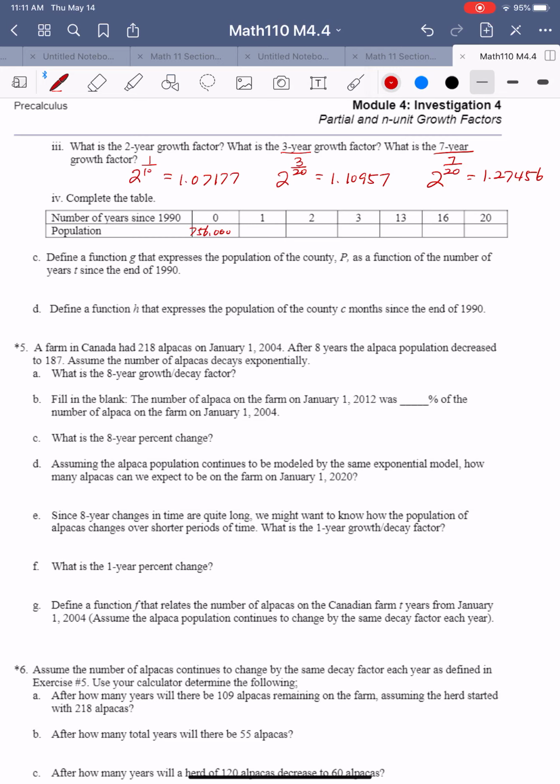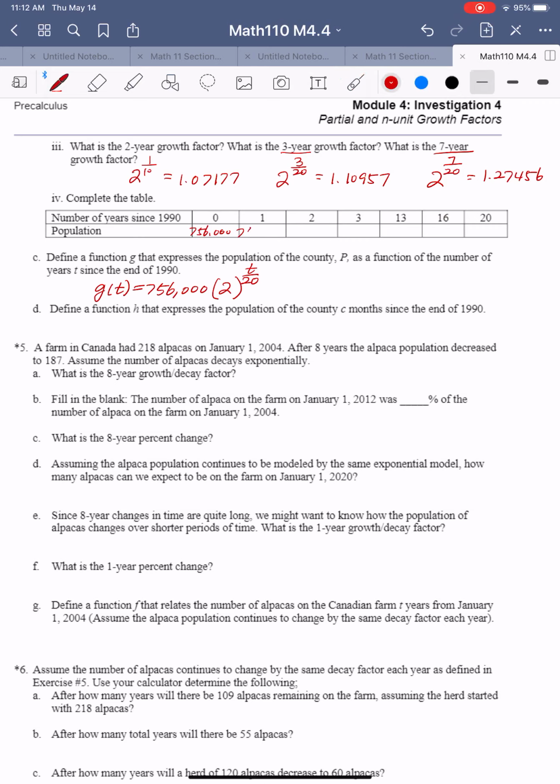The population of the county, where T is the number of years, is 756,000 times 2 to the T over 20, every year. Okay, so now you can plug in 1 here, and then 2 here, and 3 here, 13 here, 16 here, and then 20 here. So you can just get these amounts, okay?